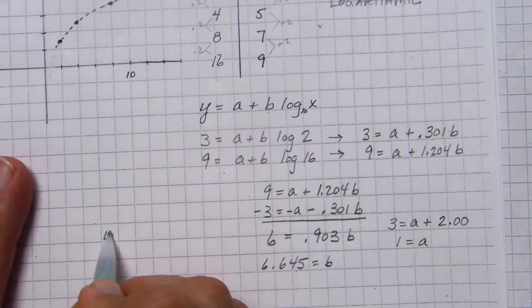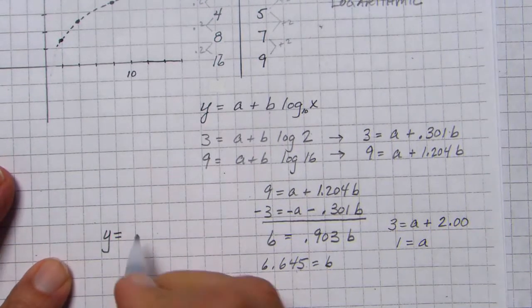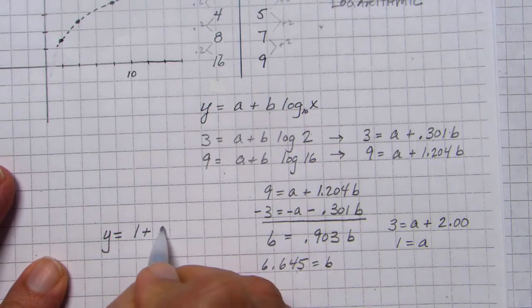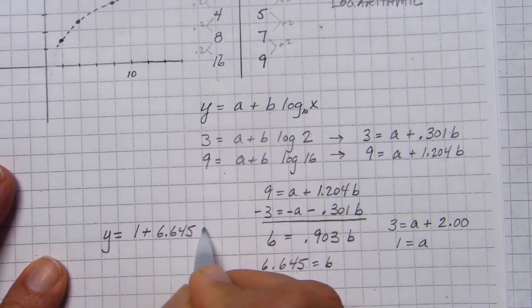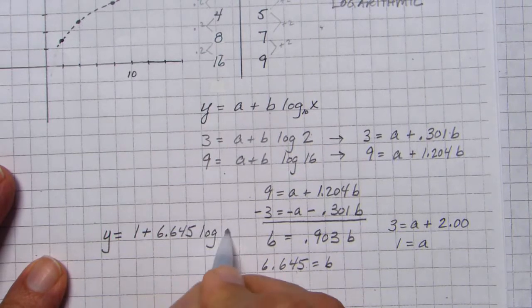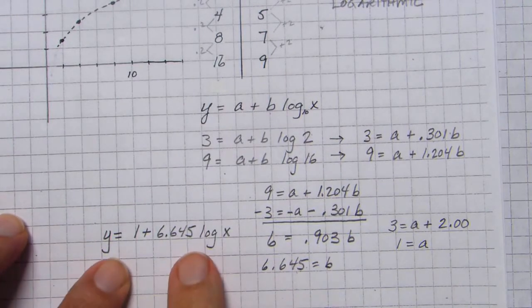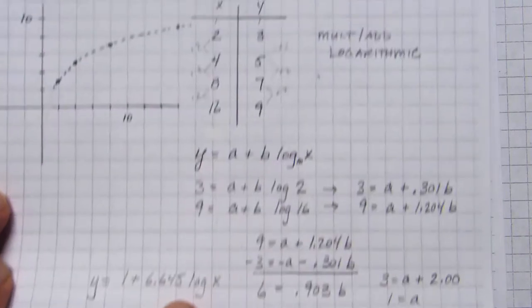And so it looks like my equation is going to be y equals 1 plus 6.645 log x. Okay, and I believe that's going to be the equation of this graph.